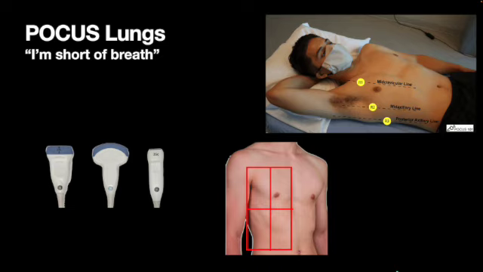All right, so we're still on our first case. We just have to do a little explaining and some pre-work just to make sure we're all on the same page. So when I grab my ultrasound on an undifferentiated dyspnea patient, I am undoubtedly starting with the curvilinear probe.